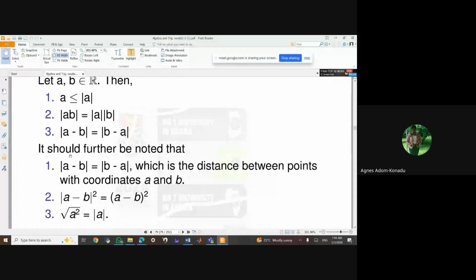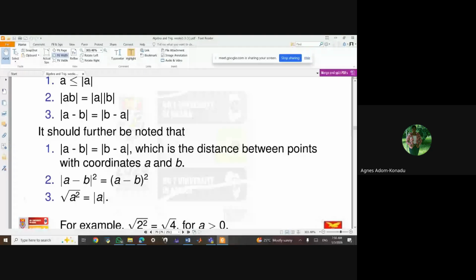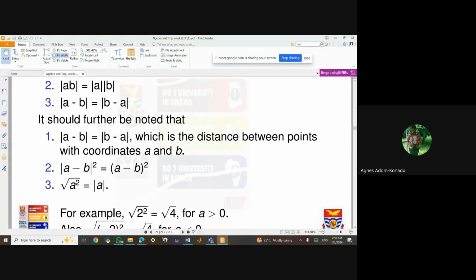Please note that the absolute value of A minus B is the same as the absolute value of B minus A, which is the distance between points with coordinates A and B. We call it the distance between two points A and B. Then the absolute value of A minus B, all squared, is the same as A minus B in a normal bracket squared.